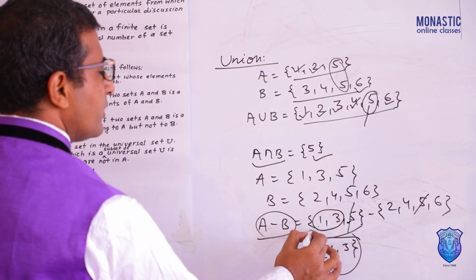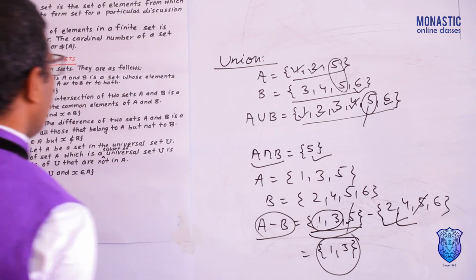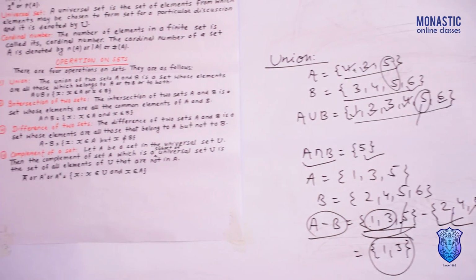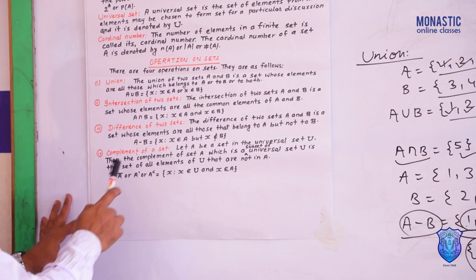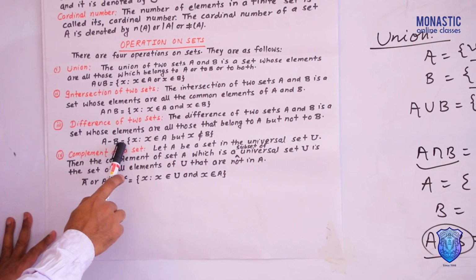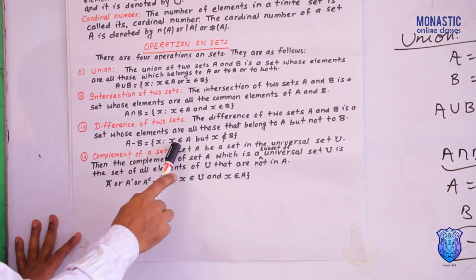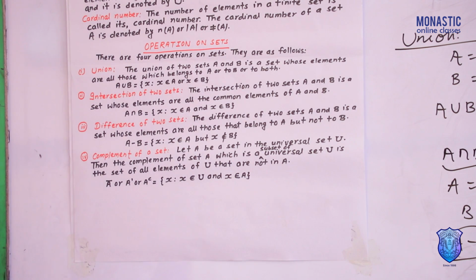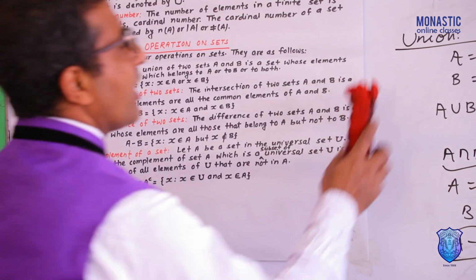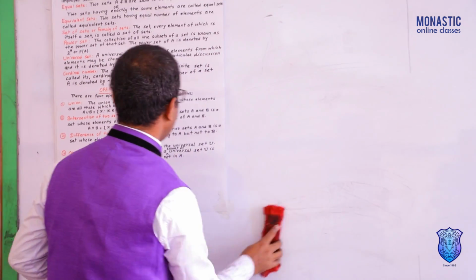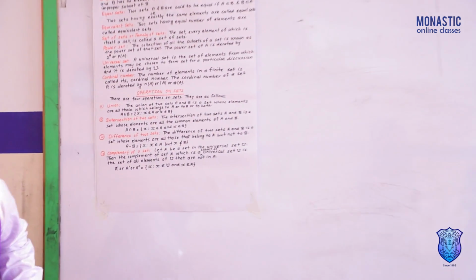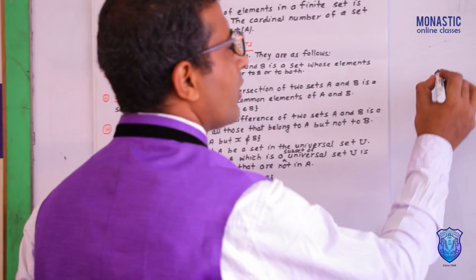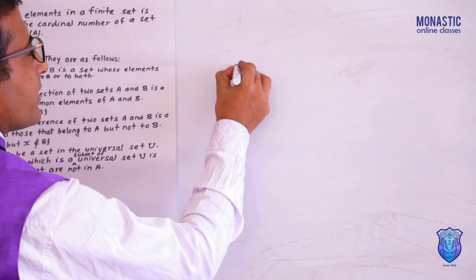Only 1, 3, which are in A but not in B. That is the difference of the sets A and B. And we have A minus B equal to {x such that x belongs to A but x does not belong to B}. And the final operation you have is the complement of a set. For complement we must have the universal set.